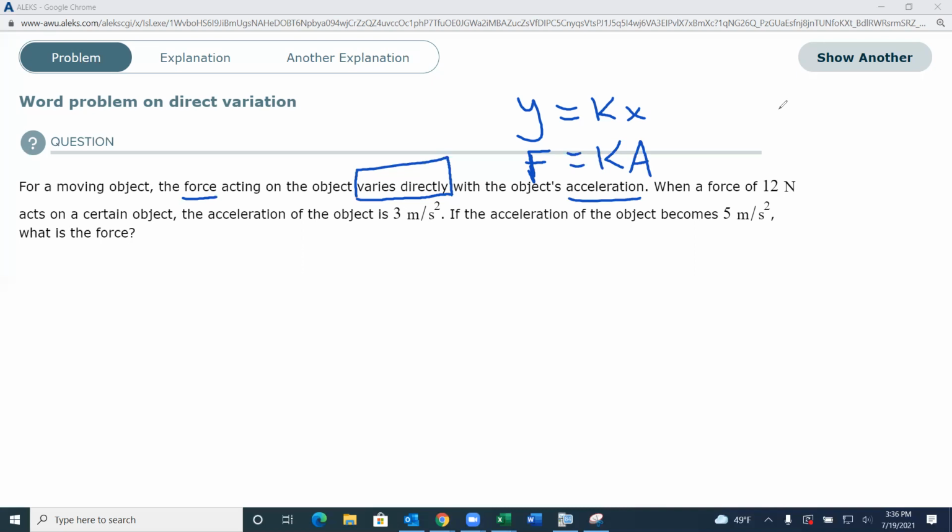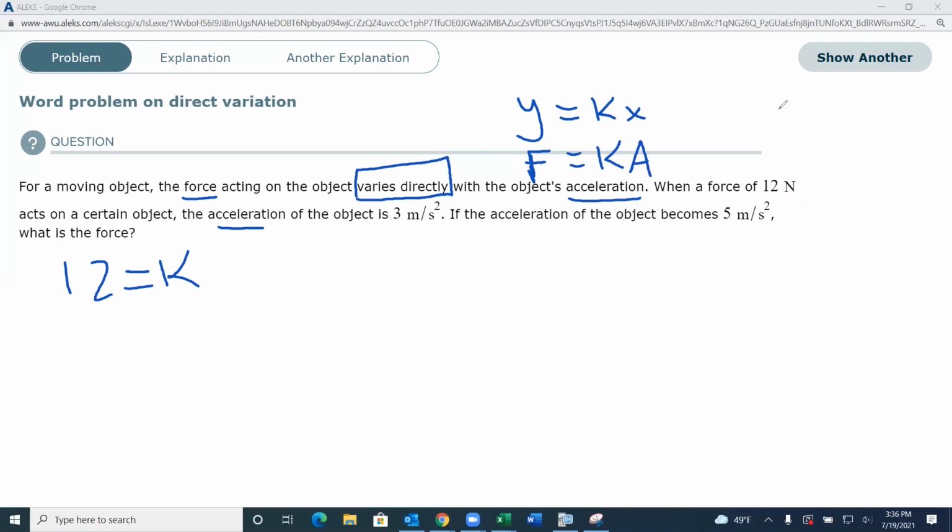Okay, so when a force of 12 newtons acts on a certain object, I don't know what a newton or an N is, but it does say that this is a value of force, so I'm going to plug that in for force. Then the acceleration of the object is 3 meters per second squared.